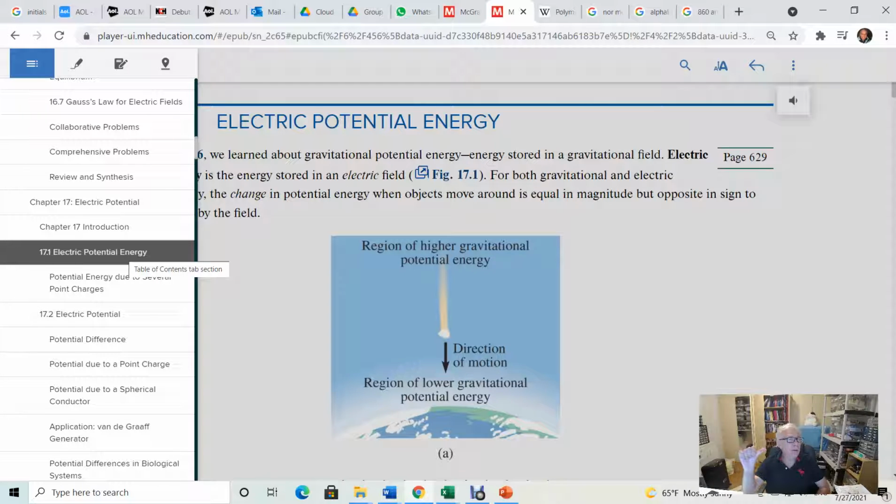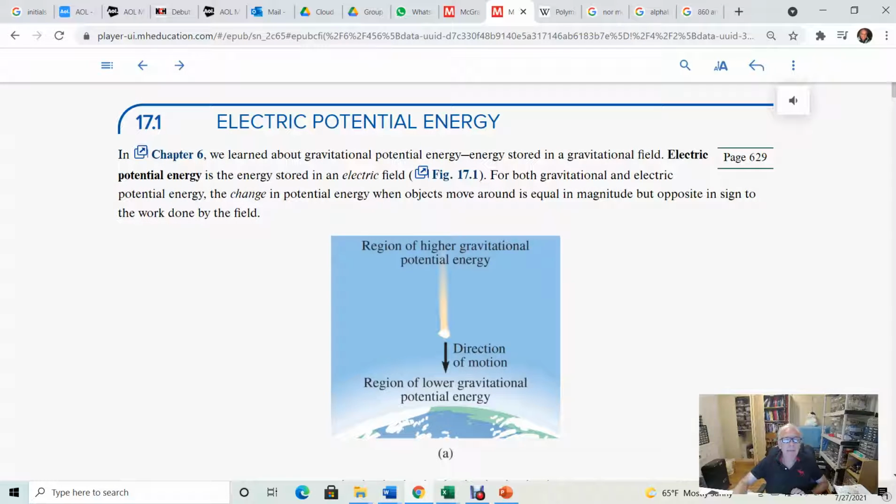The potential energy that we saw in physics 120 was the gravitational potential energy. It was the potential energy due to a very large mass. And what we're going to do here is talk about the electrical counterpart of the gravitational potential energy.